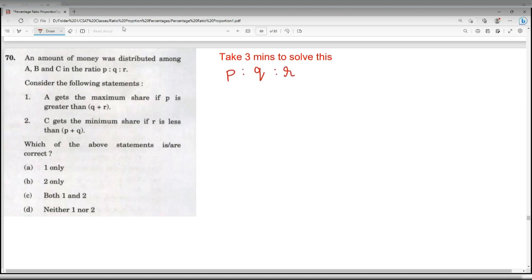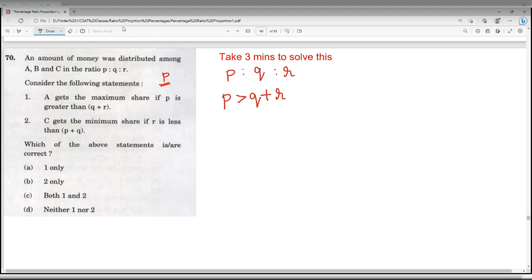And then they are saying A gets the maximum share. A can get the maximum share if P is greater than Q plus R. A can get the maximum share only if P is the highest value, that is, when compared to P, Q, R, P is the highest.